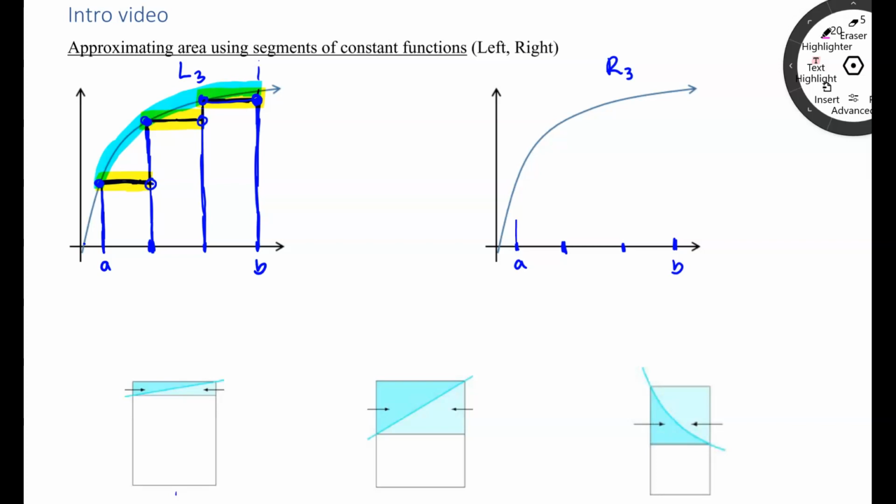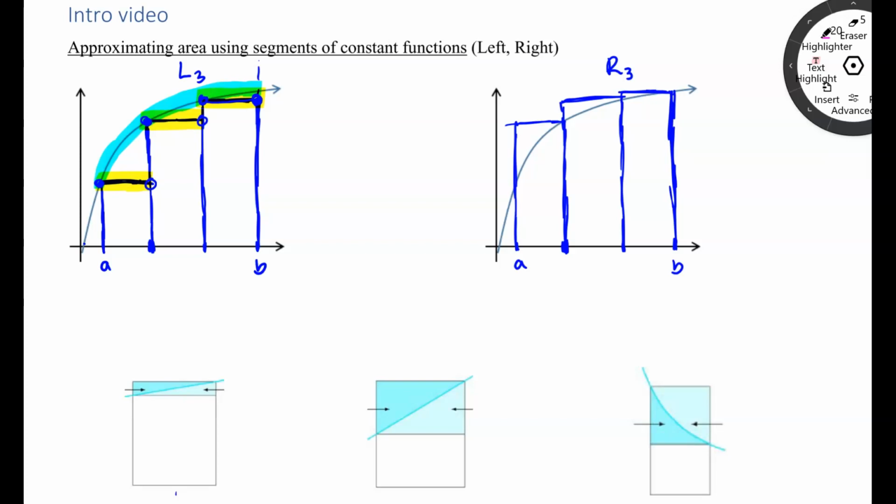And same idea for R sub 3. We're going to determine our heights now on the right hand side. There, and right hand side, something like that.